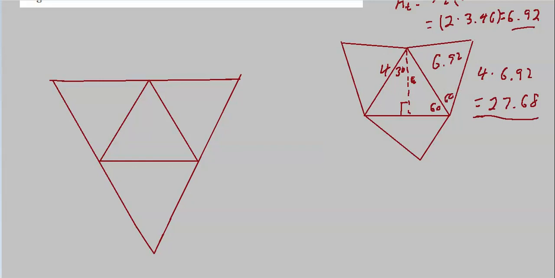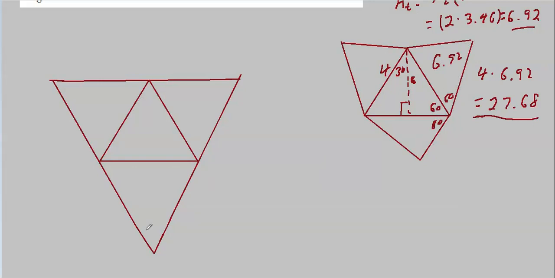This is the vertex for another equilateral triangle, and here is a vertex of another one. Well, 60, 60, and 60 is 180. So this has to be a straight line. This is a straight line, and this is a straight line.